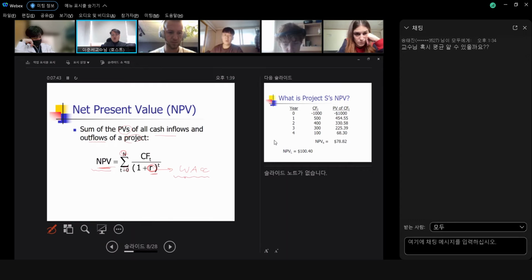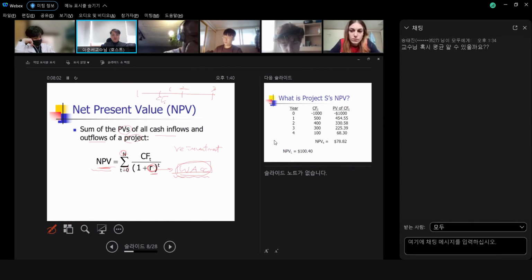The fact that we use WACC as the discount rate means what? The reinvestment rate is assumed to be WACC. Okay, so take a 3-year project, with cash flow at 1, cash flow at 2, and cash flow at 3.